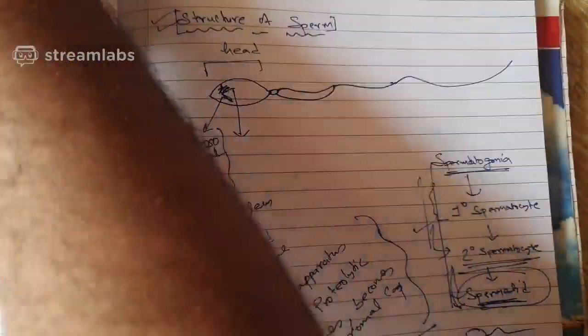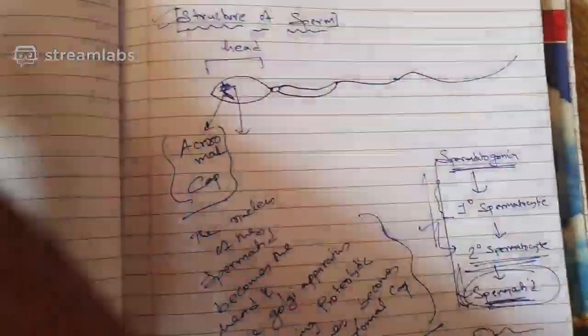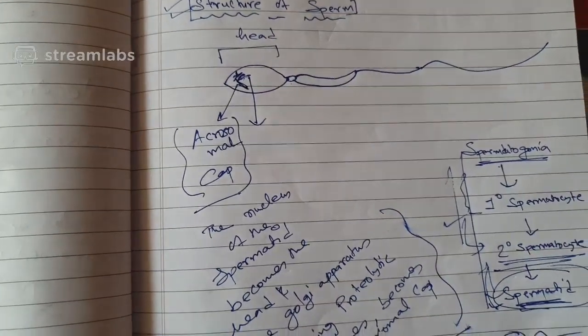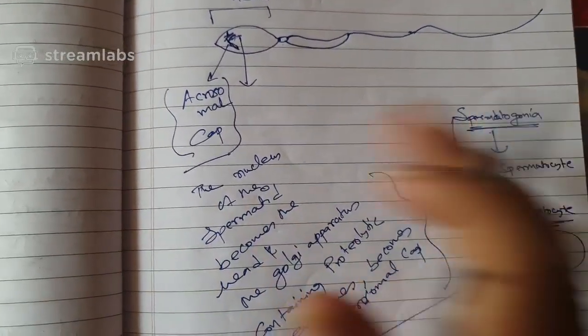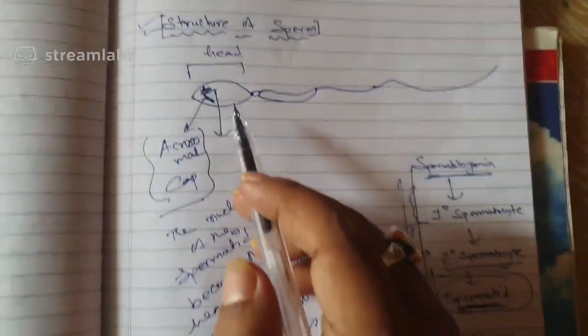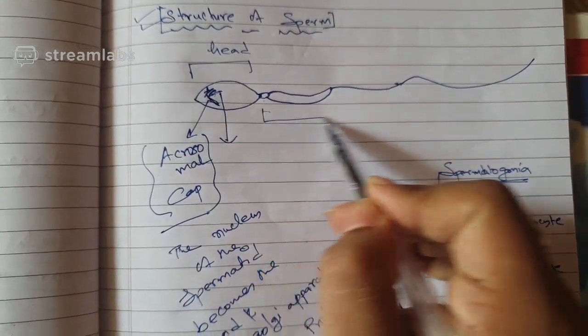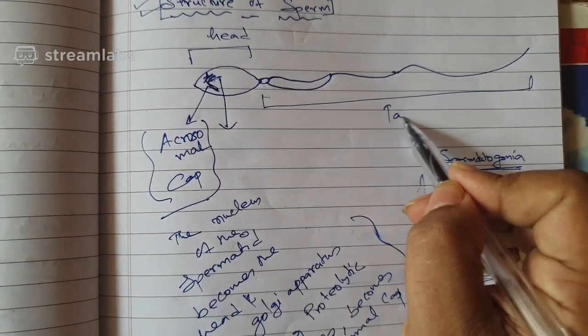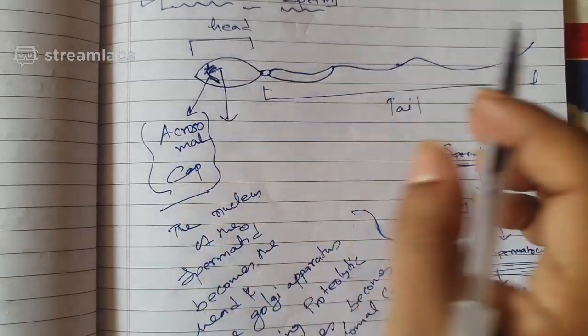Now if I go into the study of the sperm, there are parts like the head and the tail, and the acrosomal cap, which I have explained.